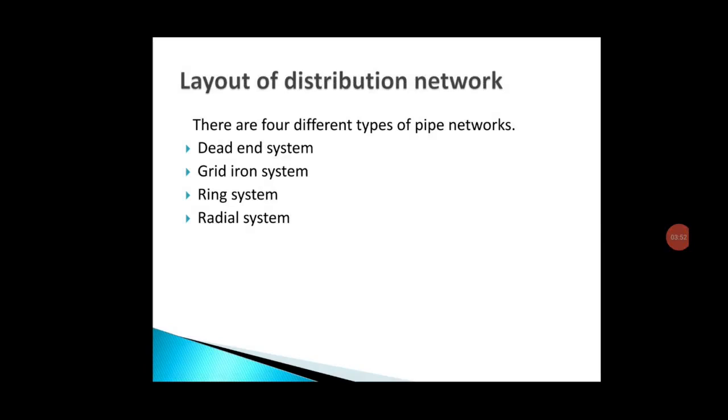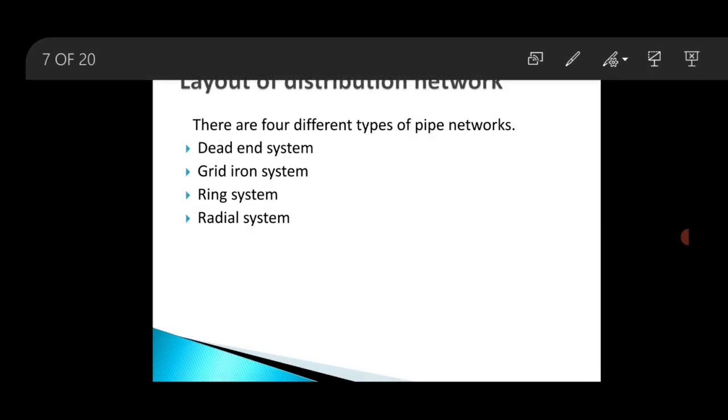So the distribution pipes are generally laid below the road pavement and their layouts will generally follow the layouts of the road.